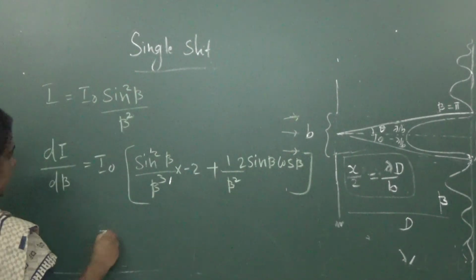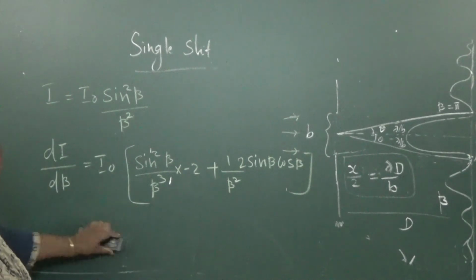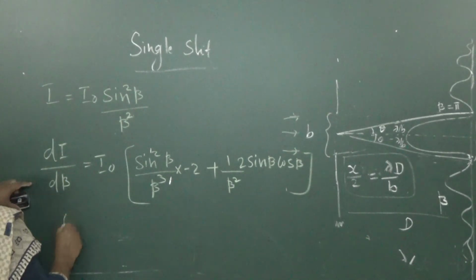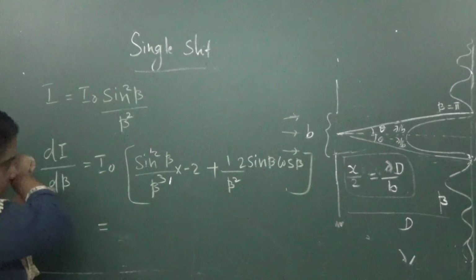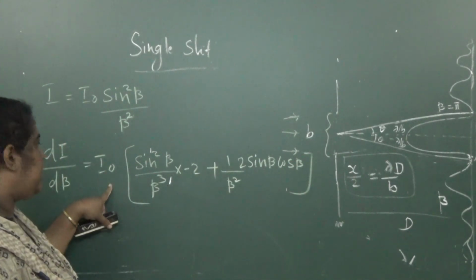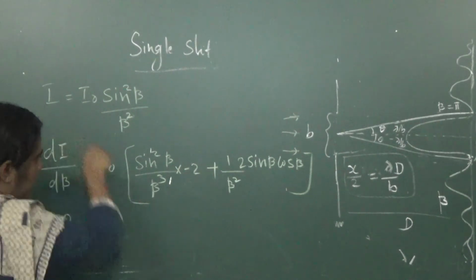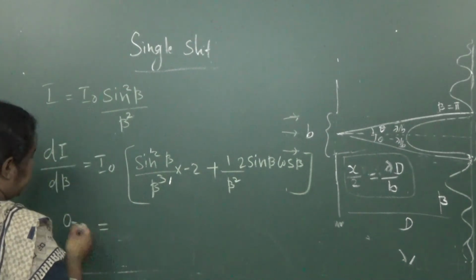So I can write, at maxima and minima it should be 0, right? So 1 by beta square is common. I0 by beta square I can take outside, but since it is 0, that will be 0, and that will be multiplied with 0.